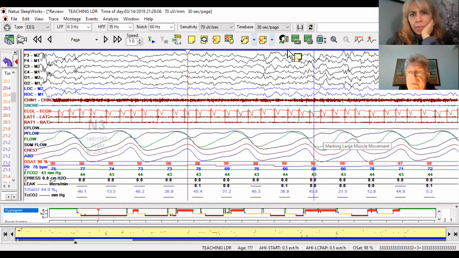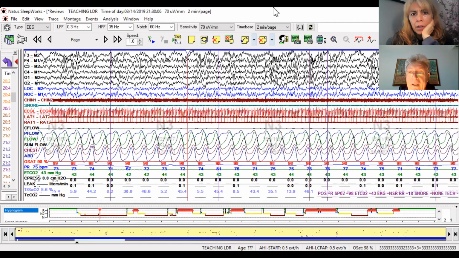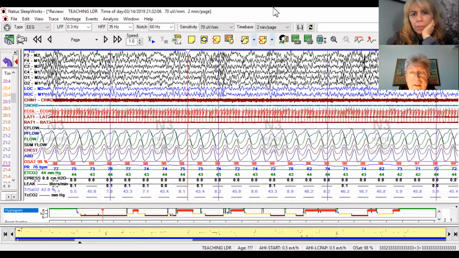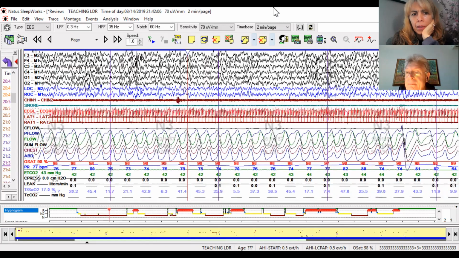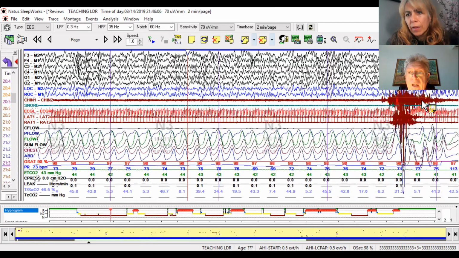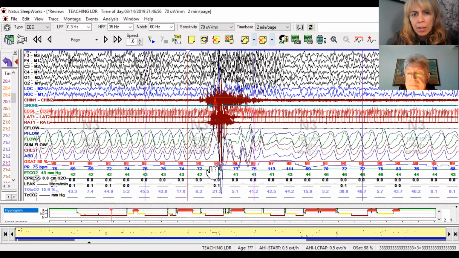Okay, let's go and see if there are other different types or with an awakening. Go back to the 2 minutes and just go through the study, because you go faster this way. Yeah. And then we have another one here. Yeah, we have another one. I'm gonna put it in the center.